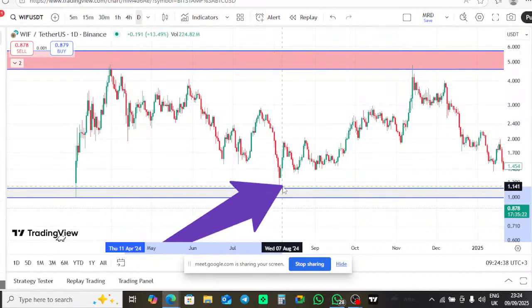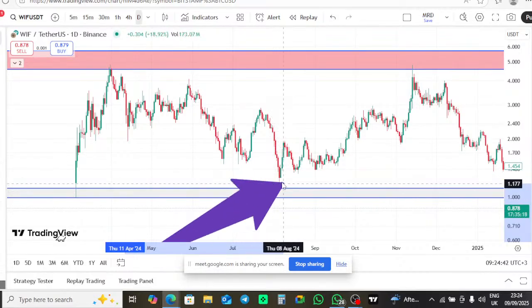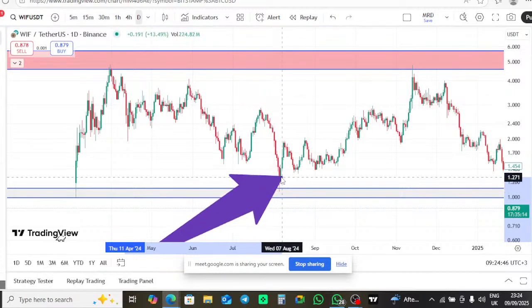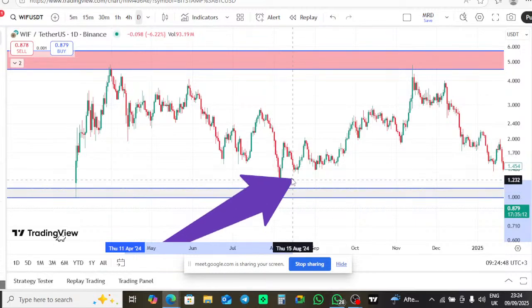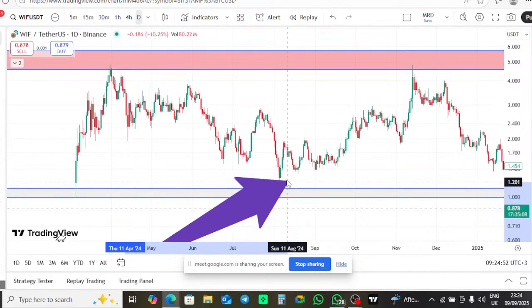Are we together? At this point here, market was testing the support.